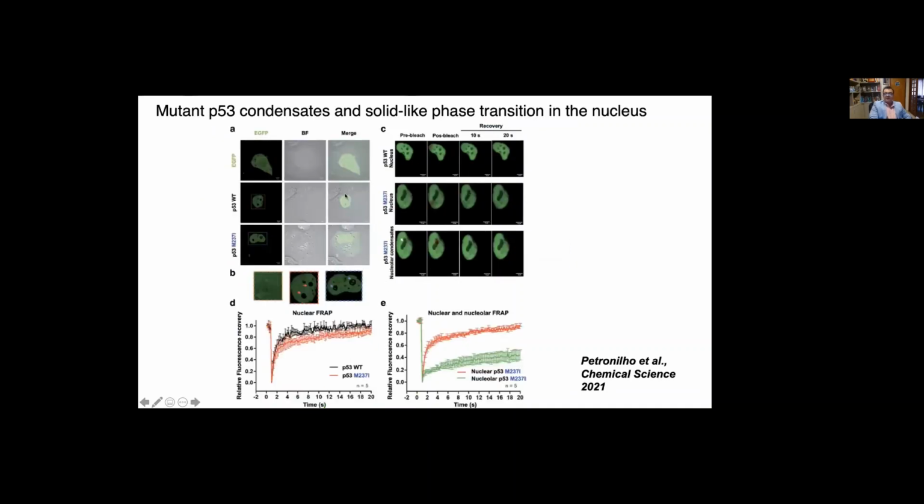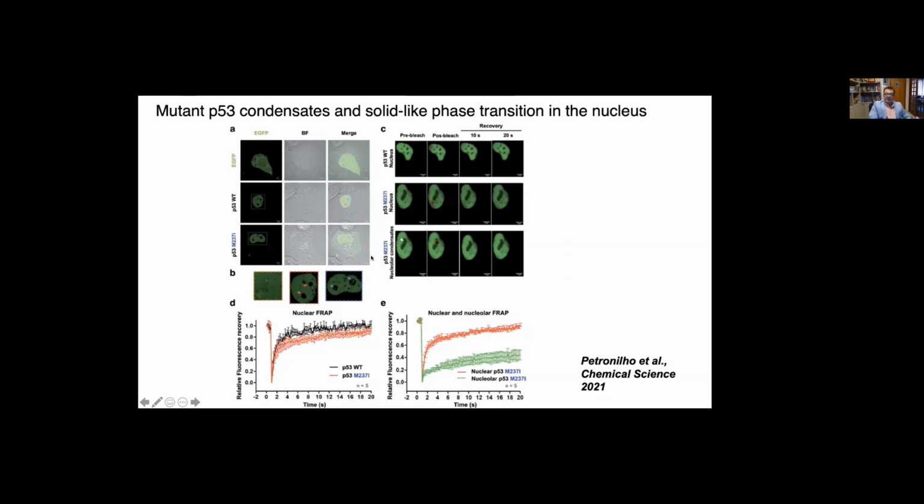But the main point of this work was to go back to the cells transfected with the mutant p53, the full length protein. In this paper, we could see that most of the fluorescence, both for wild type and for the mutant, is concentrated in the nucleus, and they seem to be in this liquid state, because when we use a laser pulse, we can have a full recovery for both of them, a little bit less with M237I.